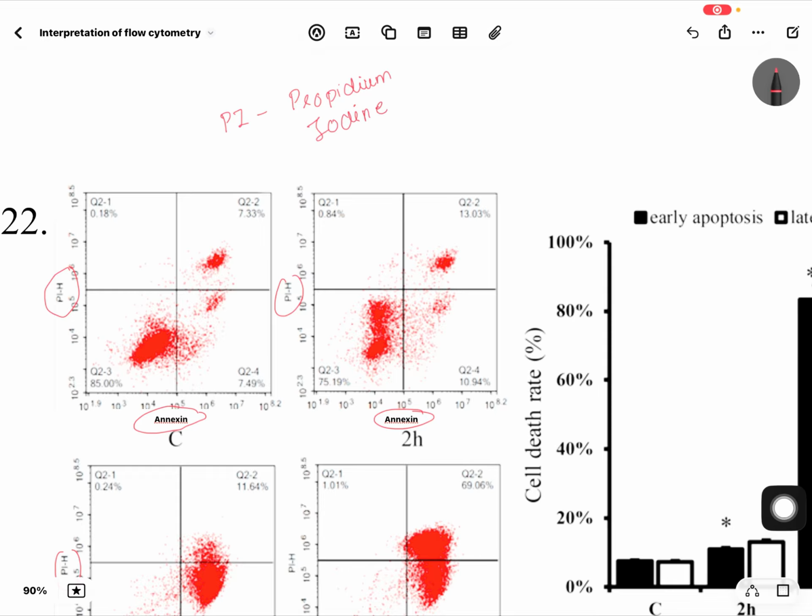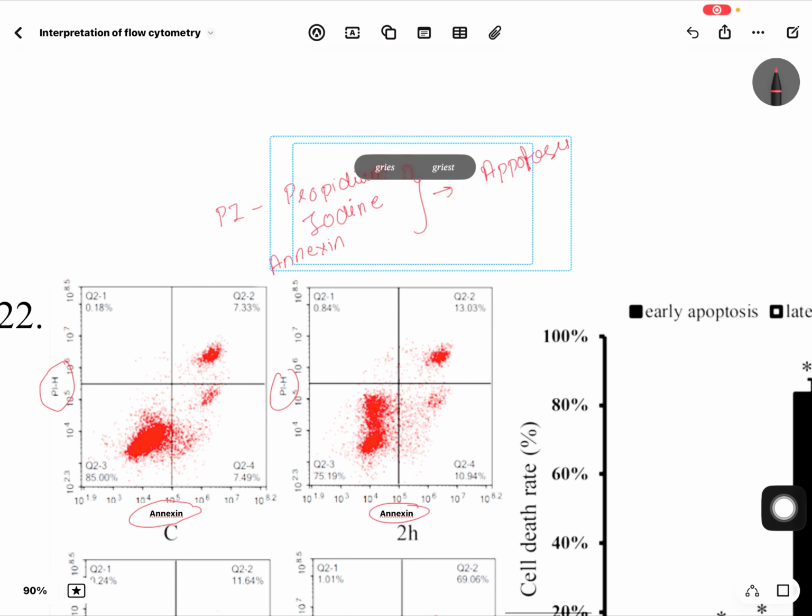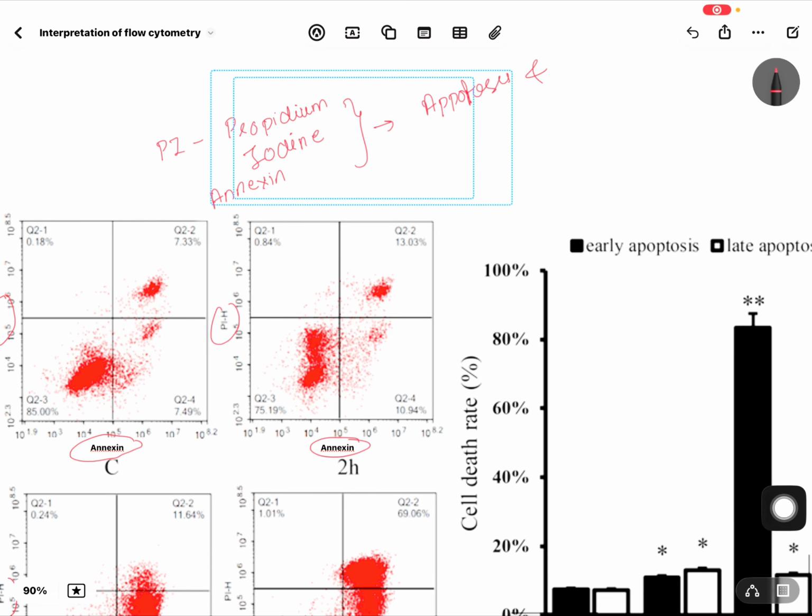And annexin. So when is this used? These two are the markers we use in studying apoptosis and necrosis in a cell.